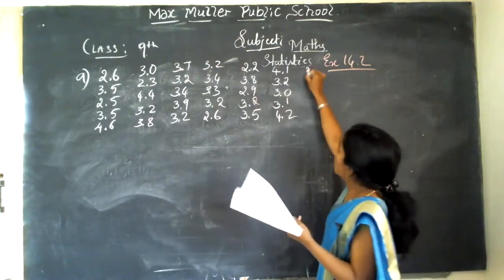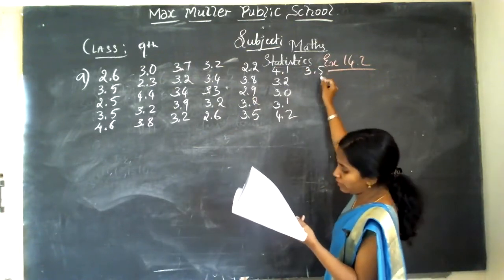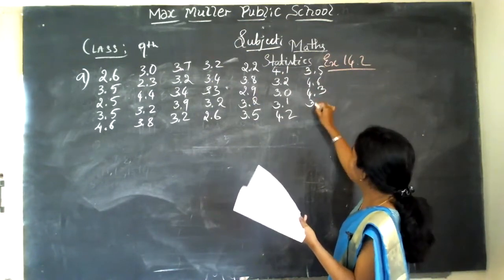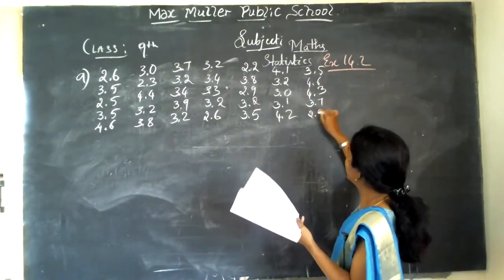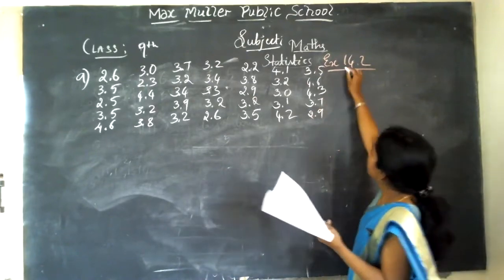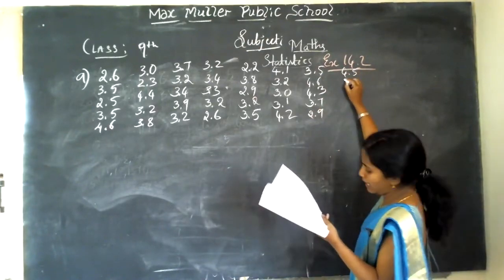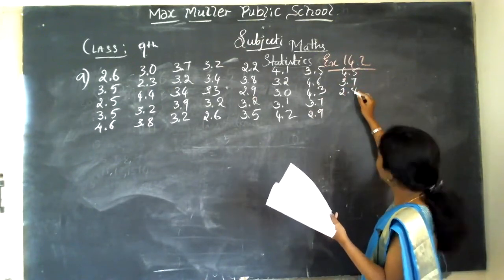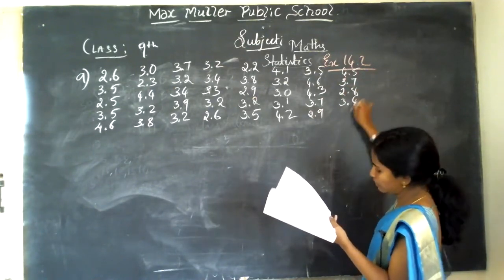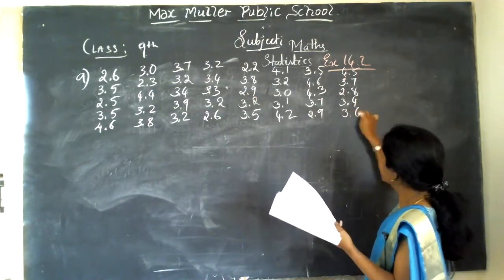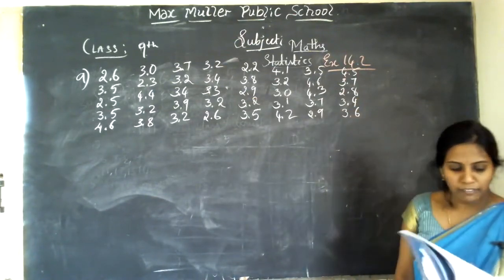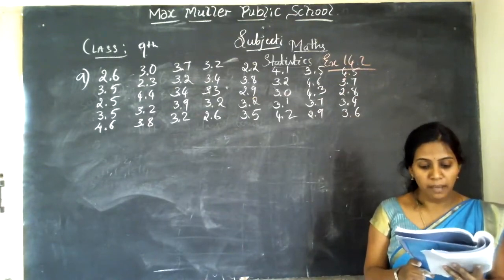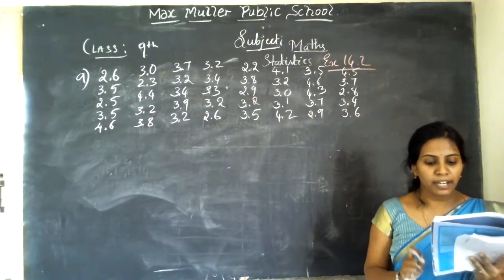You have 2 more columns, 3.5, 4.6, 4.3, 3.7, 2.9, 4.5, last 3.7, 2.8, 3.4, 3.6. That is the data I have written.